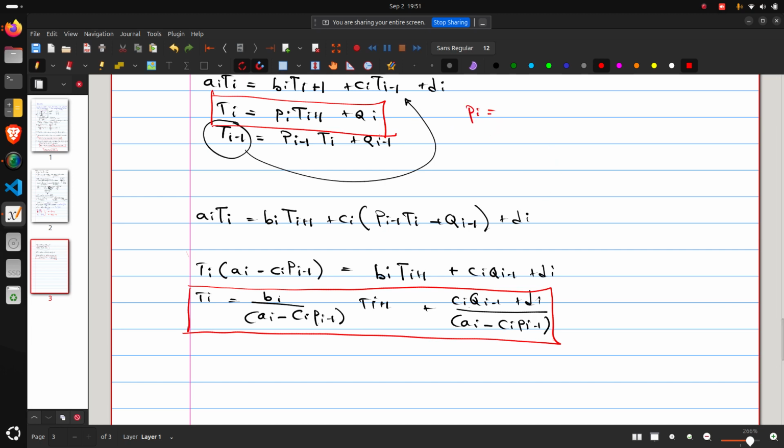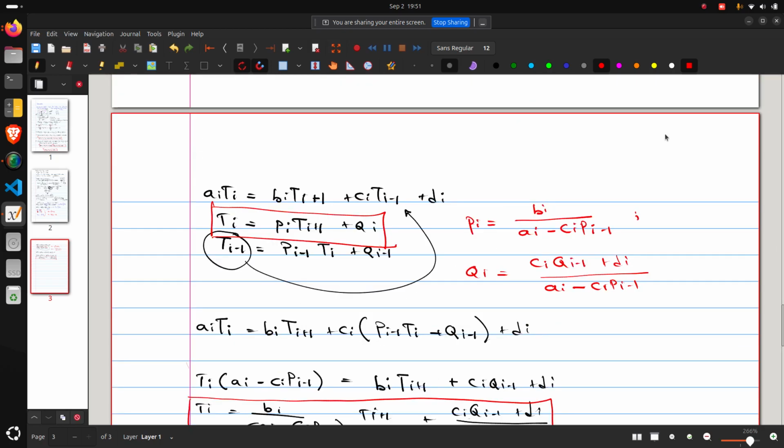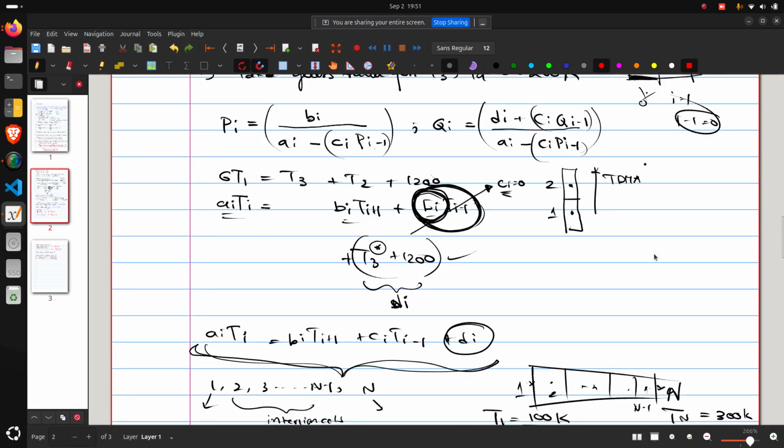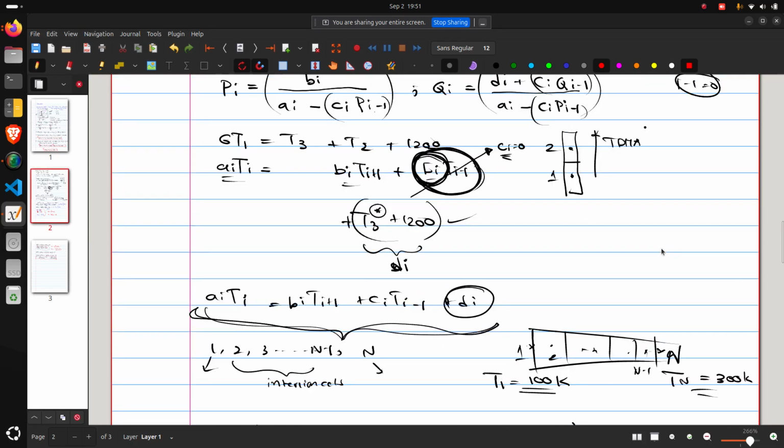So Pi will be nothing but Bi by (Ai - CiPi-1) and Qi will be nothing but (CiQi-1 + Di) by (Ai - CiPi-1). Okay, so this is how we get these equations. So I hope this is clear now.